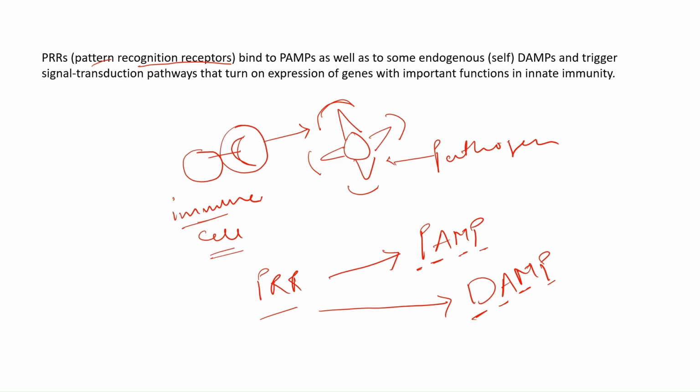So when our self cells get damaged due to infection or injury or any other reasons, these damaged cells should be cleared off from our body. And how will our body recognize self-damaged cells? With the help of this PRR, that is pattern recognition receptors.